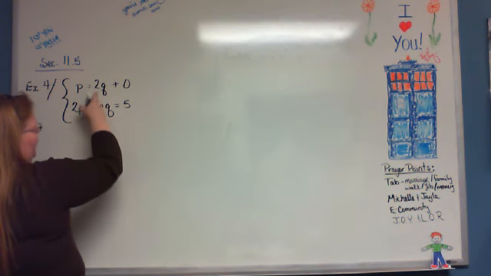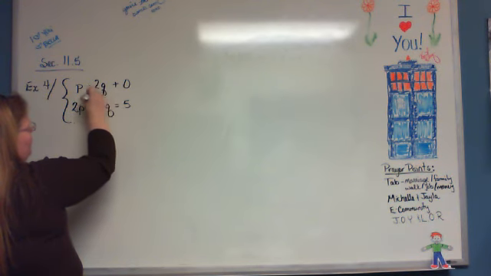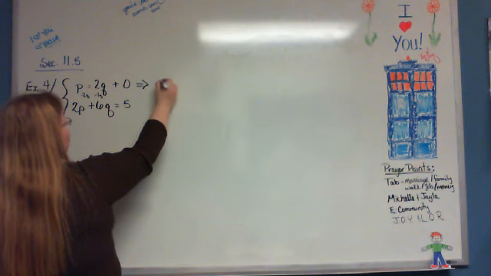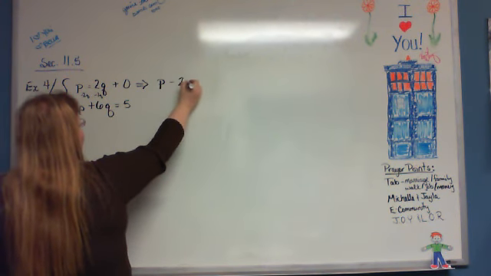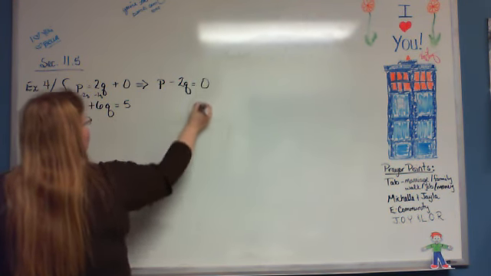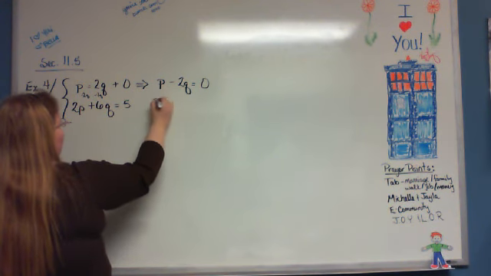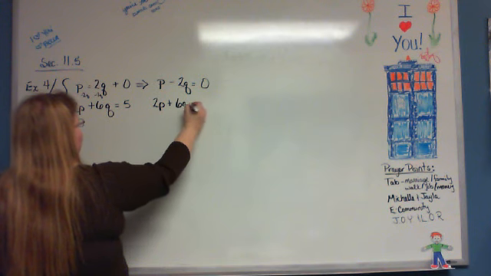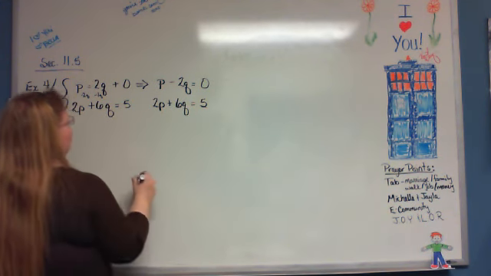So in order to do that, I'm going to have to move my 2Q to the other side, which is going to make that P minus 2Q equals 0. And this will be 2P plus 6Q equals 5.